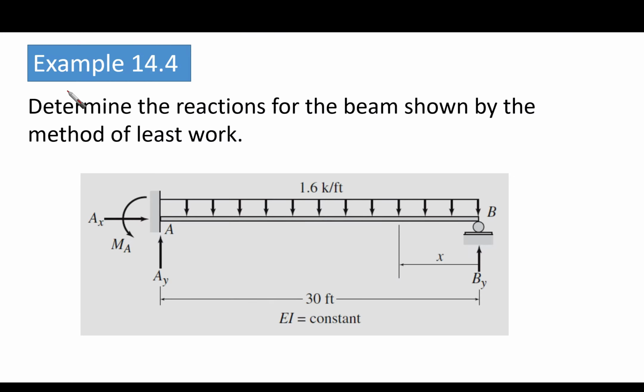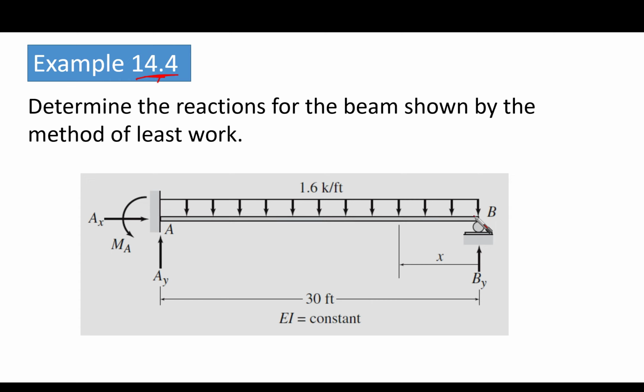Let's go with this example, which is 14.4 in our textbook. Determine the reactions for the beam shown by the method of least work. Let's have a look at this beam. We have a cantilever fixation here which has three components, AY, AX, and MA, so we have three redundants.